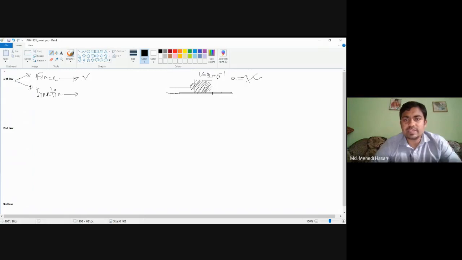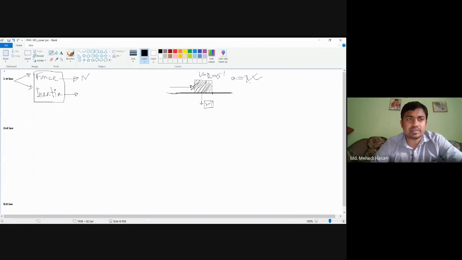So inertia is basically the opposition to the force, and we can measure inertia by the mass of an object. If the mass is higher, inertia will be higher. If the mass is lower, inertia will be lower. So this is the explanation of the first law, and we can describe inertia and force from it.